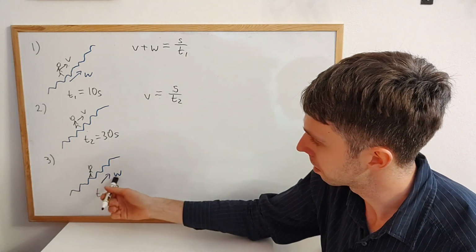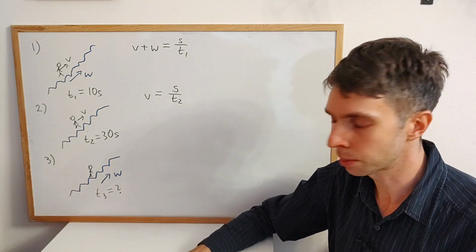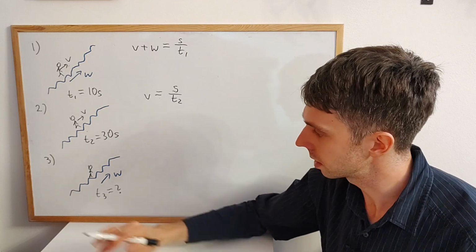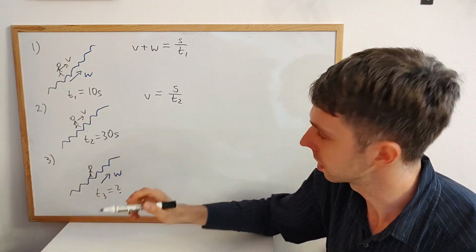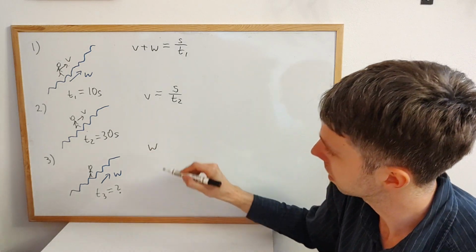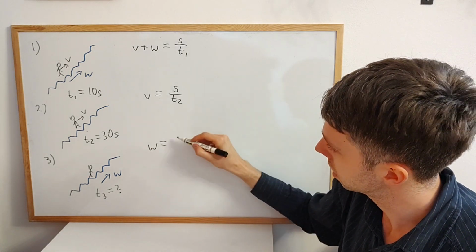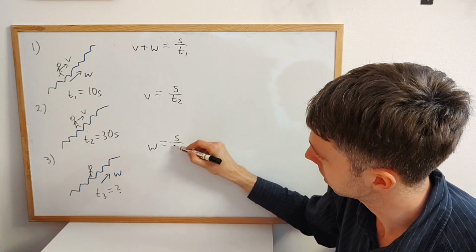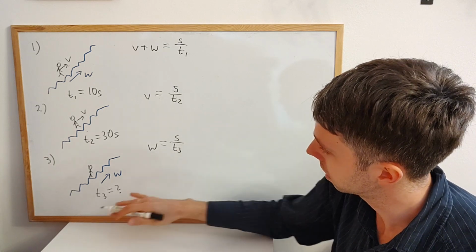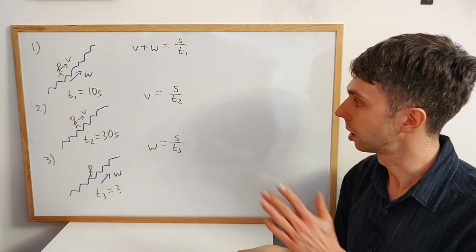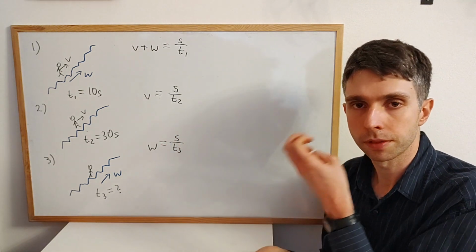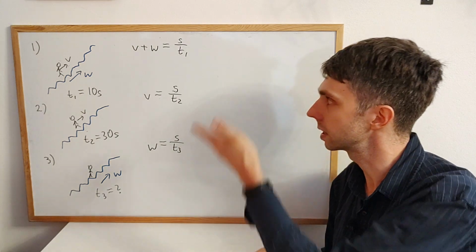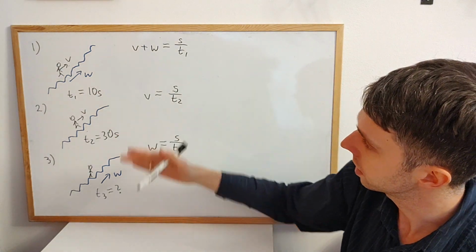So now w is also the speed of the customer relative to the frame of reference connected with the shopping mall. So the speed is now w, the distance is as before s, and the time is t3, which we don't know. That's the physical, or kinematical, description of the three situations.